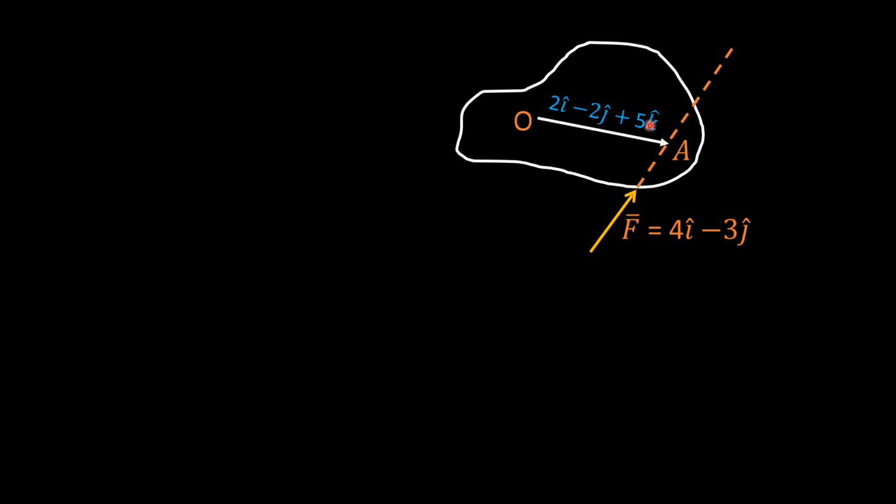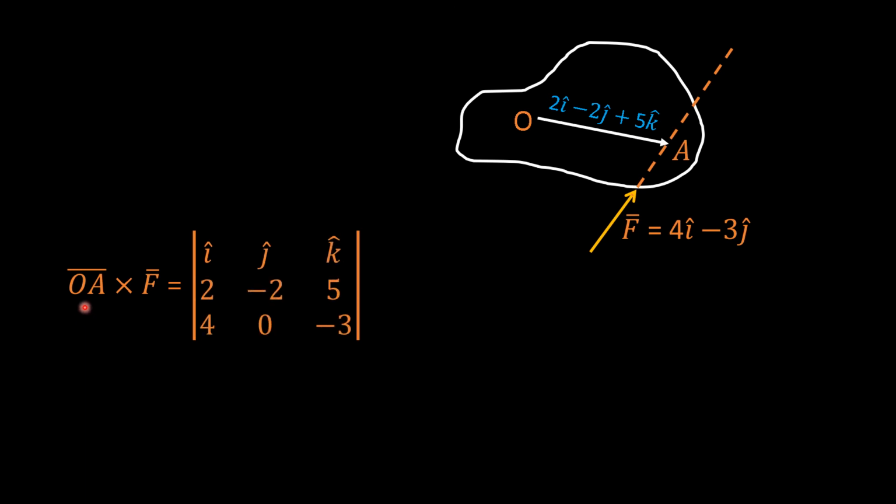We have to find the moment of this force F bar relative to point O. It is given as OA bar cross F bar, which is a determinant: i j k, 2 minus 2 5, 4 0 minus 3.